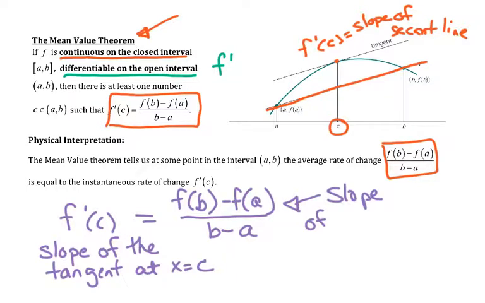In terms of rates of change, it tells us at some point the average rate of change is equal to the instantaneous rate of change. Like my average speed had to be equal to the instantaneous speed at some point. So at some point in that interval, I was going exactly 80 miles per hour.